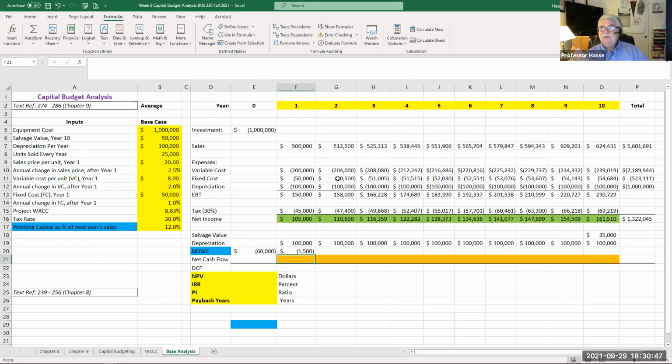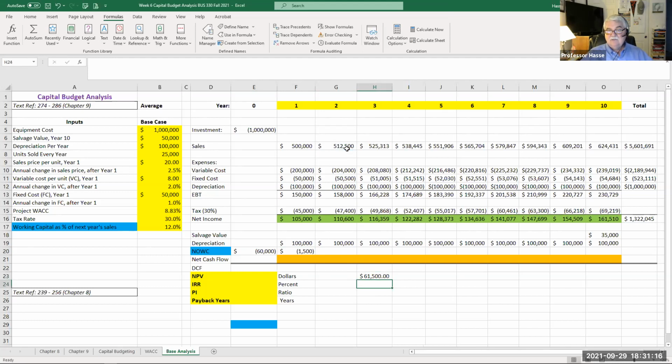And what's happening now with this working capital? Remember, working capital is a balance sheet item. It doesn't end after every year. It's not like expenses. It accumulates. And notice at the end of year 1, we have $61,500 of working capital allocated for this project. Well, what's 12% of year 2 revenue? $61,500.